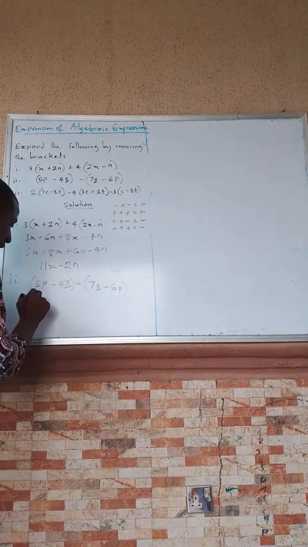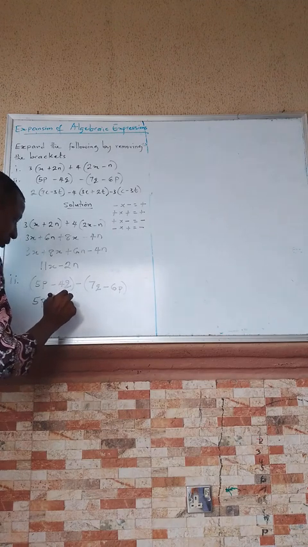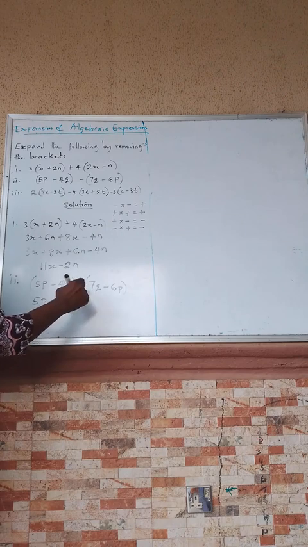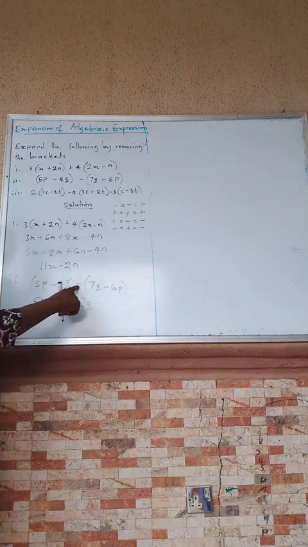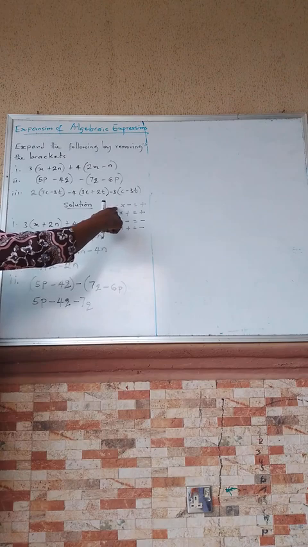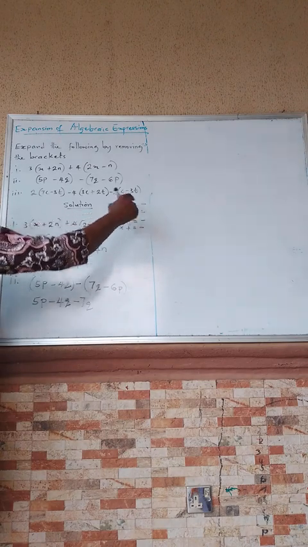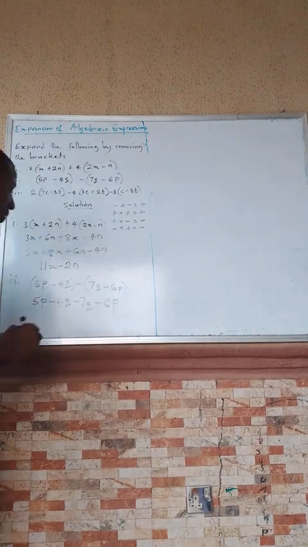Now we have 5p minus 4q. This minus will multiply this. We have minus 7q. So this time around, this minus will multiply the minus we have here. Don't forget, I said minus times minus is what? Plus. So that is going to be plus 6p.